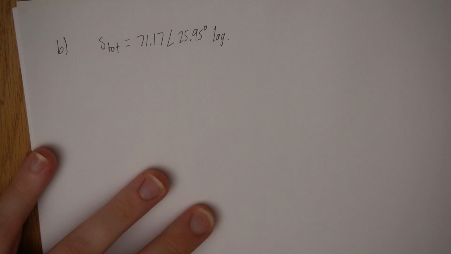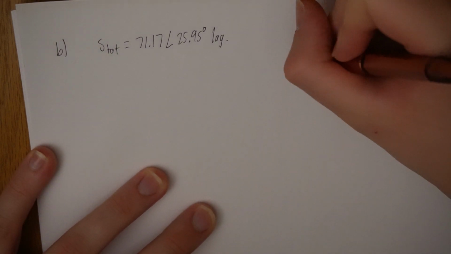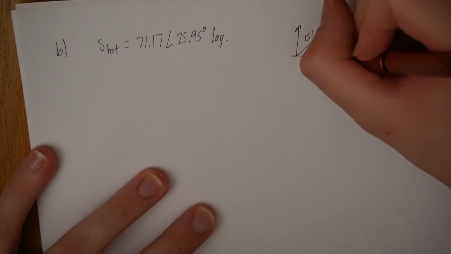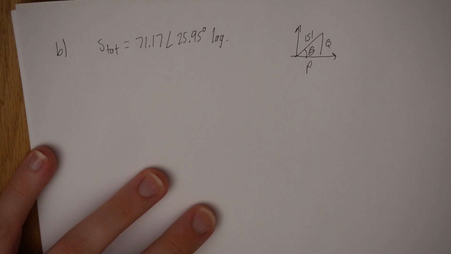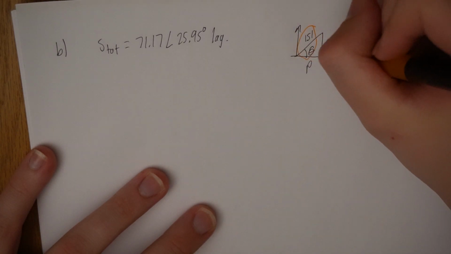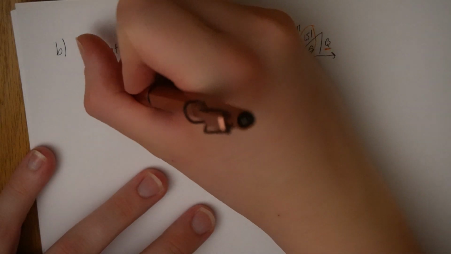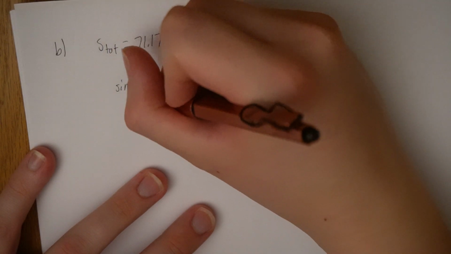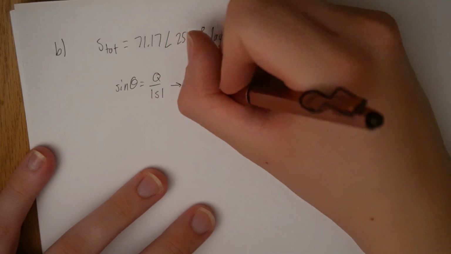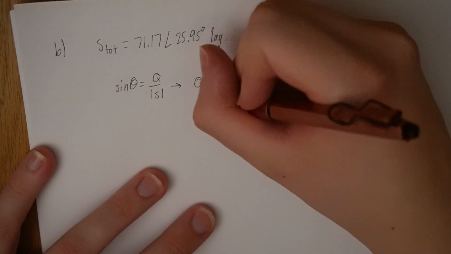So I need to find how much Q is there. For my power triangle, I have S, Q, P, theta. Right now I have S and theta, but I need Q. So sine theta equals Q over S. Q equals magnitude of S sine theta.